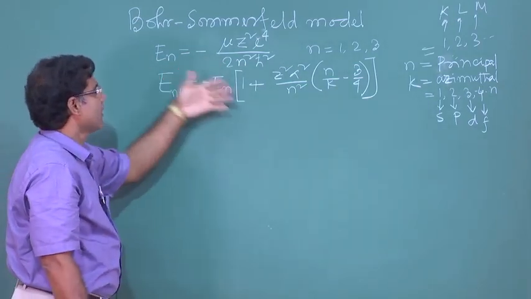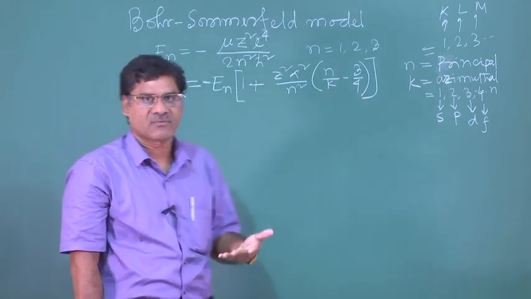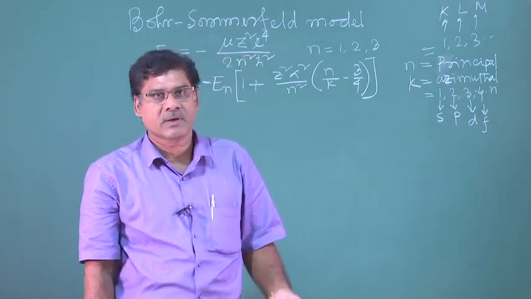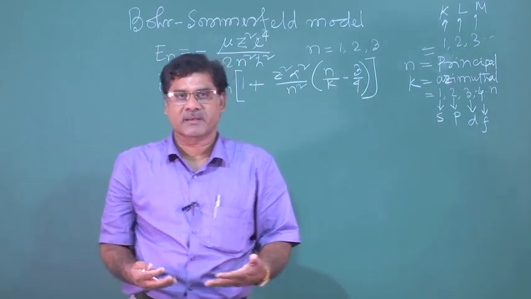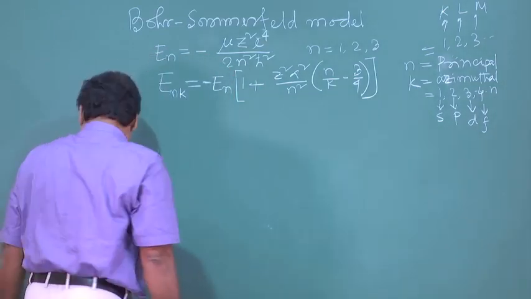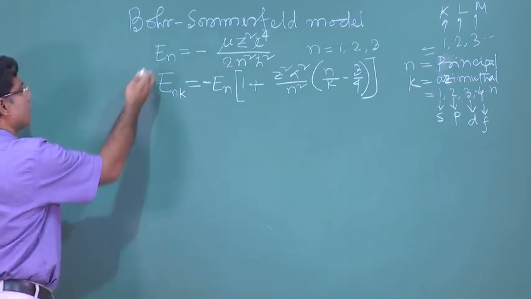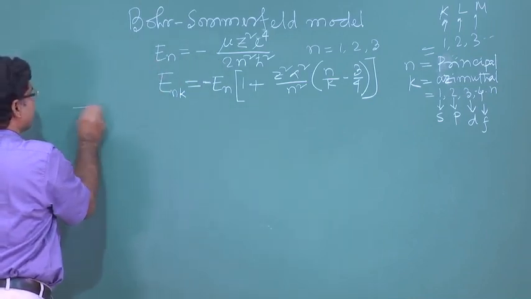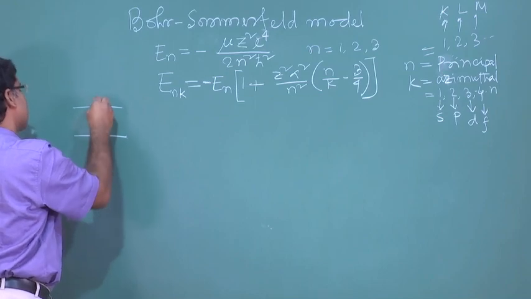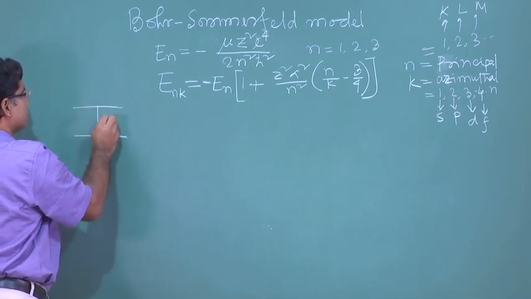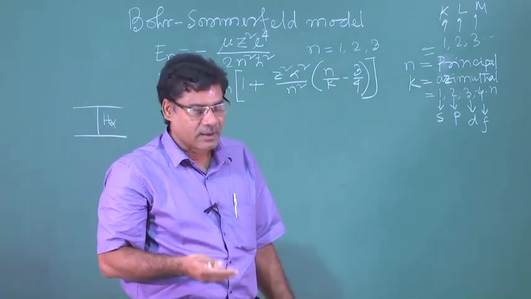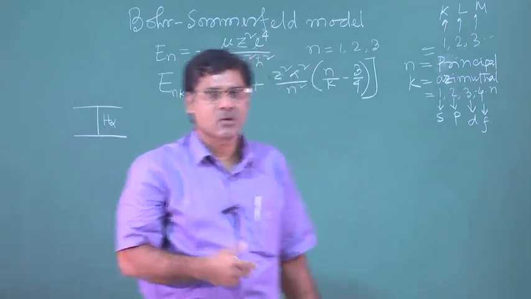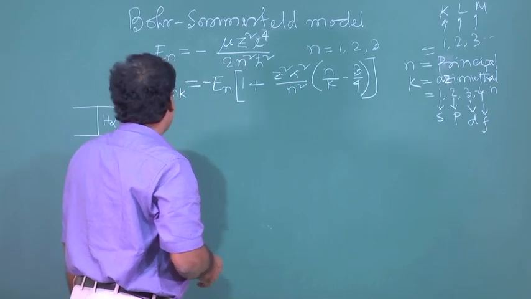I have shown you that people were in search of more quantization, because of the spectral lines of the hydrogen spectra. Whatever we get from Bohr theory is one line, say H alpha, H beta, H gamma, but it is not one line, it is composed of more than one line.